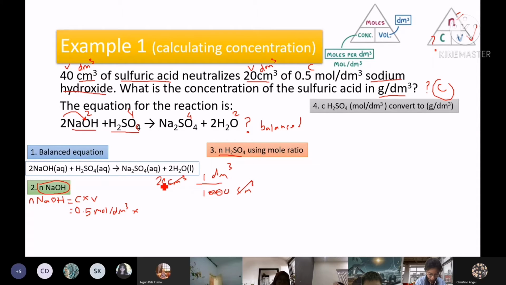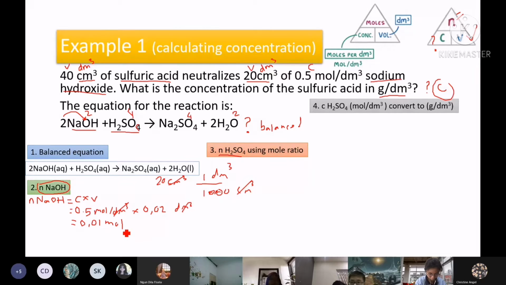So it means 20 divided by 1000, which is equal to 0.02 dm cube. Then multiply 0.5 times 0.02. What is the answer? 0.01. We can cancel dm cube, so the unit is mole.